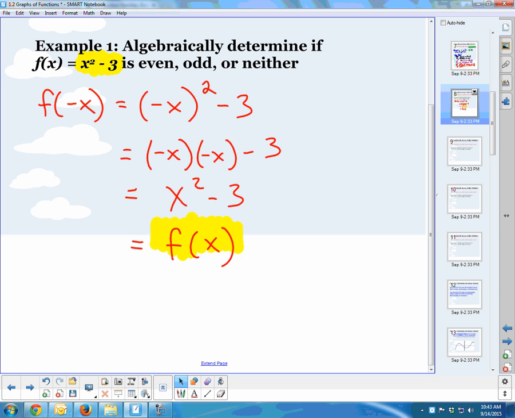I can say that those two things are equal. And then, by the transitive property, f of negative x, all the way down to here, is equal to f of x. And that was our test when we interpreted the results.